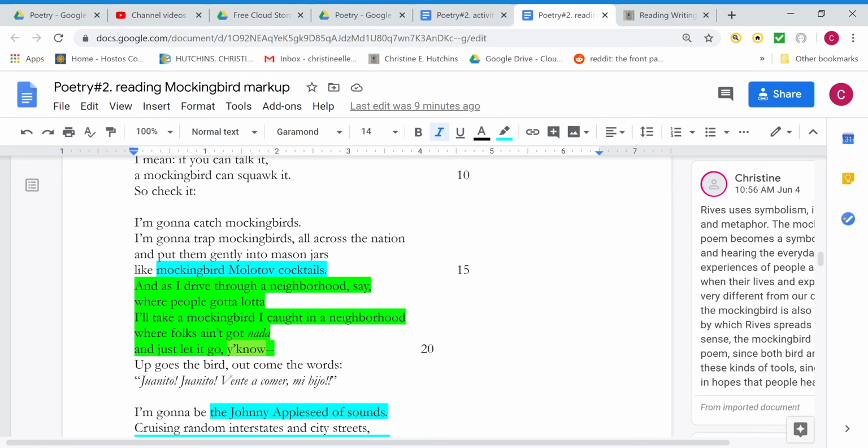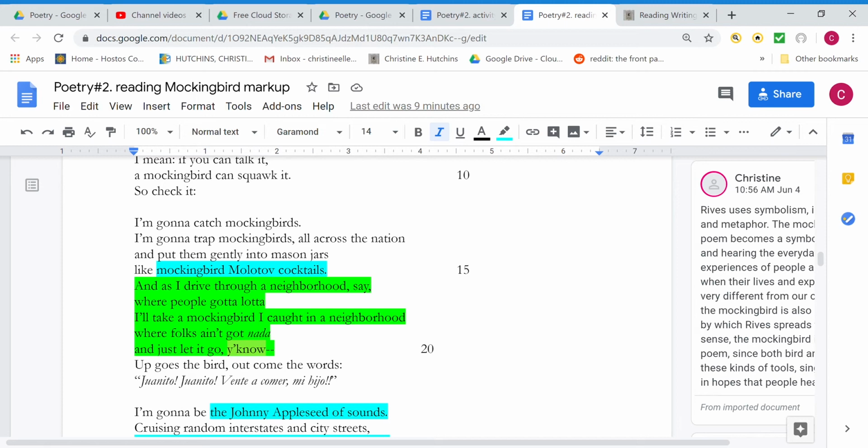And then he's collected them all up and dropped them in different neighborhoods so they'll sing the songs of one neighborhood in another. So, for example, the Upper West Side can hear the songs of the South Bronx, and the South Bronx can hear the sounds of Times Square. So the mockingbirds become sort of like little recorders that capture neighborhood sounds and can be transported to other neighborhoods to exchange information and experiences.